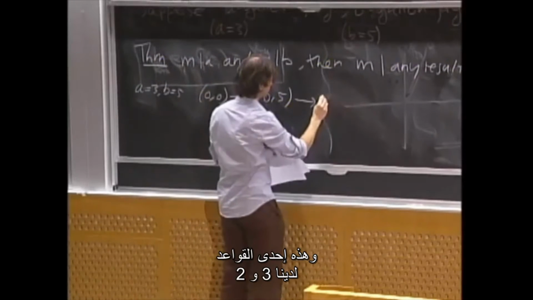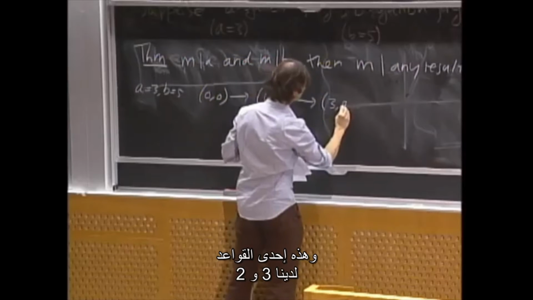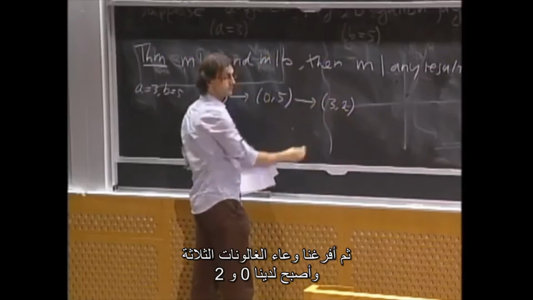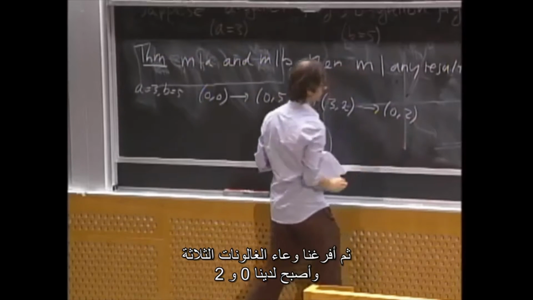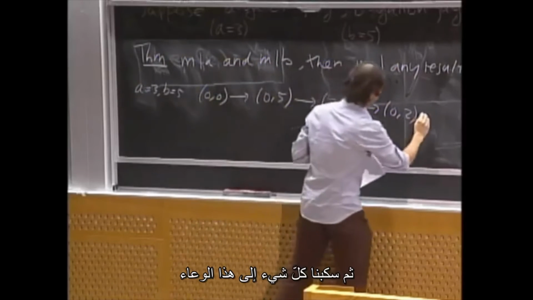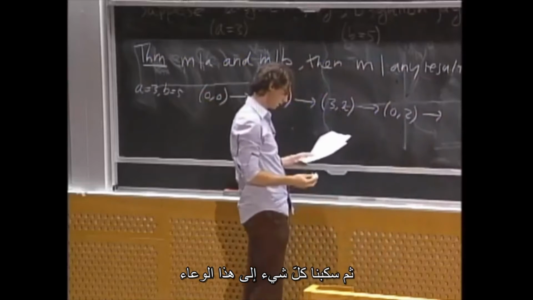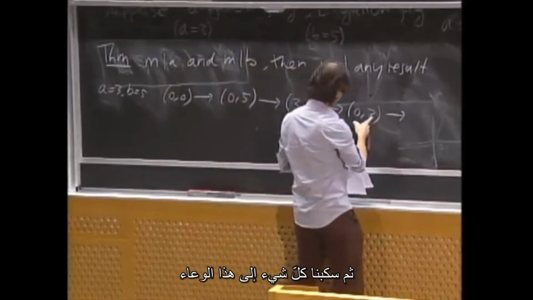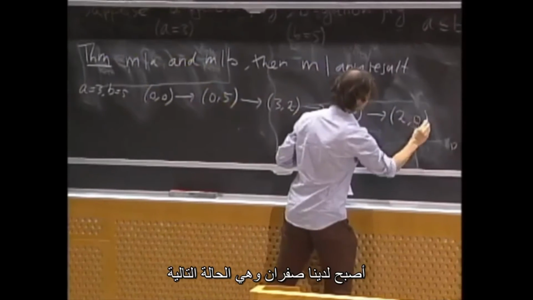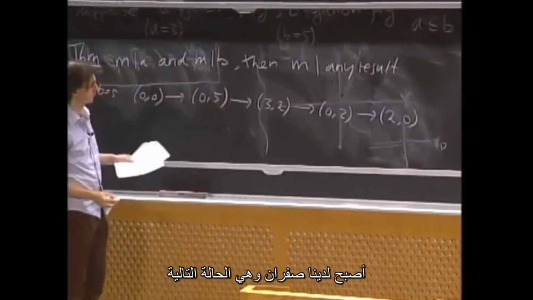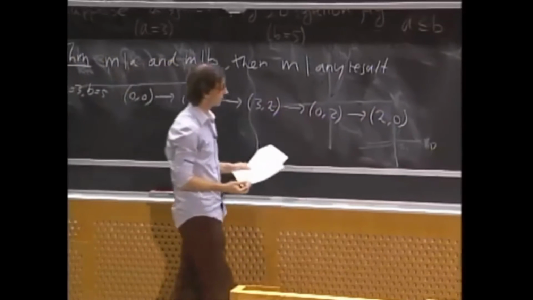So it's one of those rules. We got 3 and 2. Then we emptied the 3-gallon jug. We got 0 and 2. Then what did we do next? Oh yeah, we poured everything into this one. So we have 2, 0 as the next state.